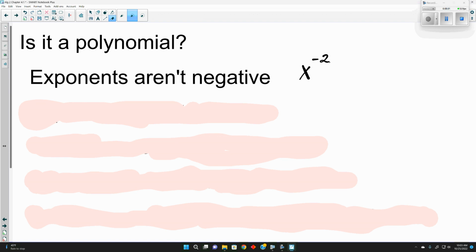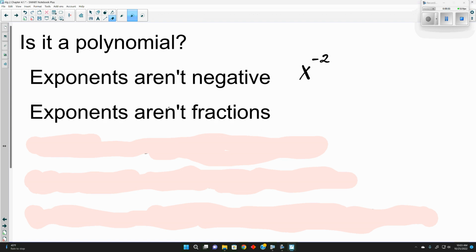The next one. Exponents aren't fractions. We can't have x to the 1/2.